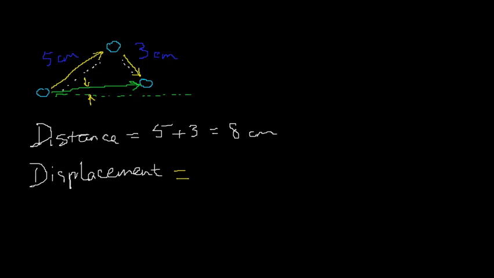So let's think about representing this arrow. Now, it's easier if we use a little bit of algebra. So let me call this arrow here A, with an arrow on top.